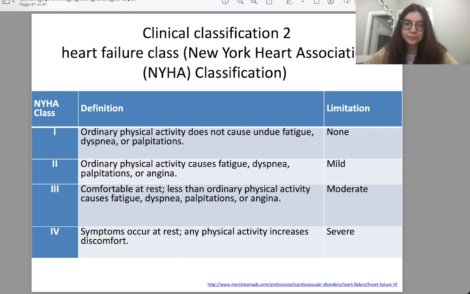Functional class 2 is when ordinary physical activity causes fatigue, dyspnea, palpitations or angina, or simply we name it a mild limitation of physical activity.